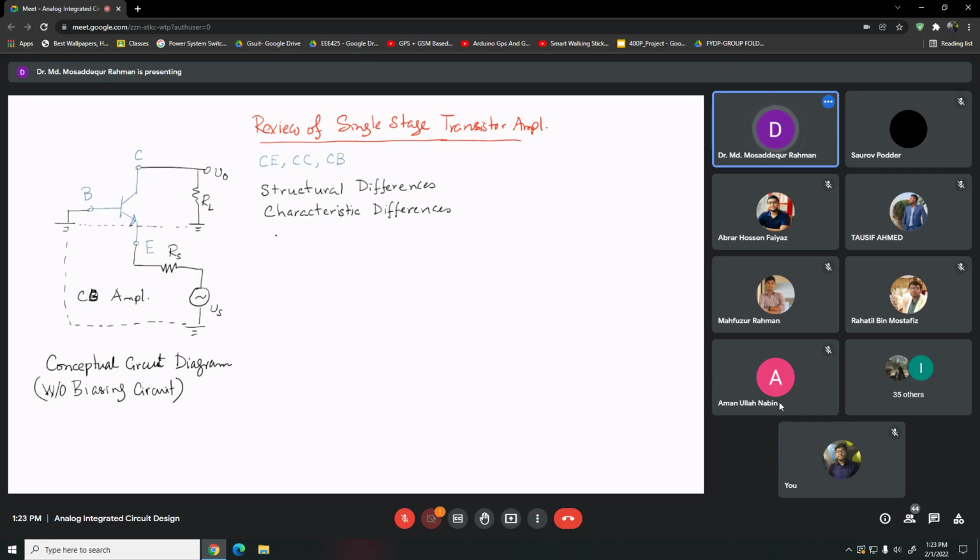Why will it not work? Sir, because the base emitter will be reverse biased without biasing. Because transistor is a combination of PN junctions, right? There are two PN junctions. And they need to be, yes, it's because of the internal voltage, like 0.7.